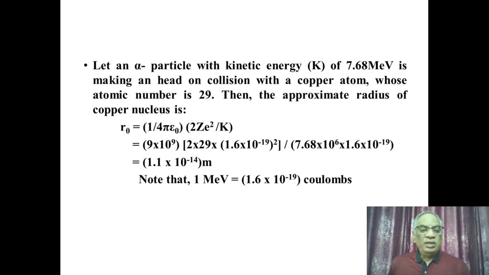Now let an alpha particle with kinetic energy of 7.68 mega electron volts make a head-on collision with a copper atom whose atomic number is 29. Let us find the radius of the copper nucleus.